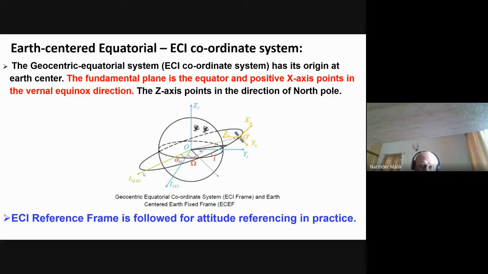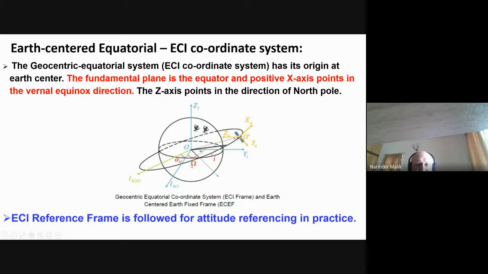All our coordinate systems, longitude and latitude, are referred with respect to the ECEF system. So here this is an equatorial orbit, and this is the orbit in which the satellite is rotating.